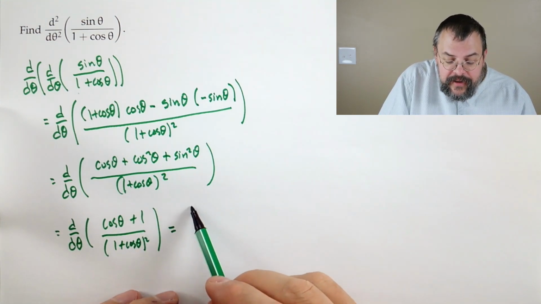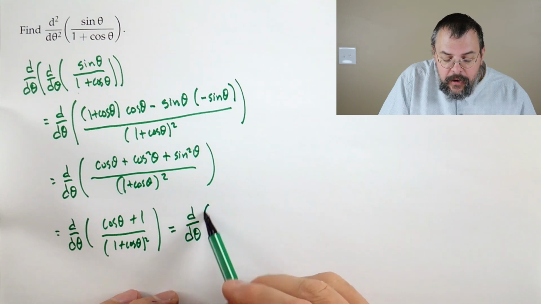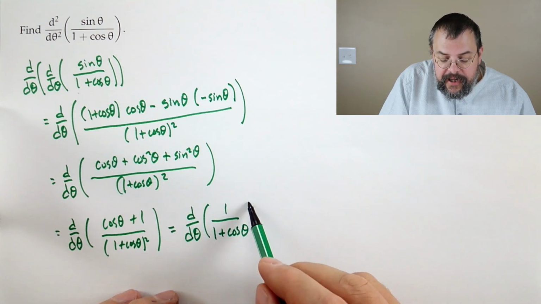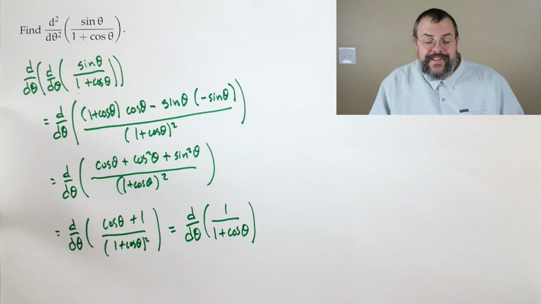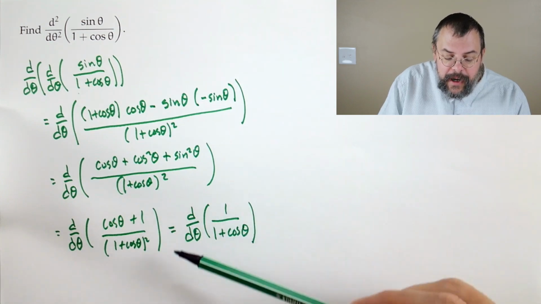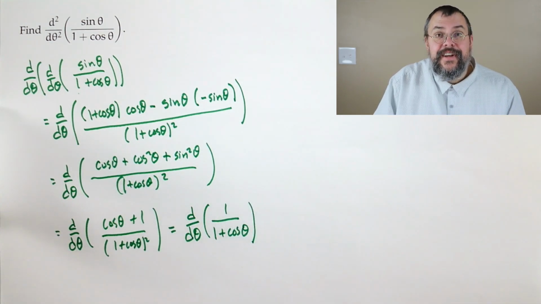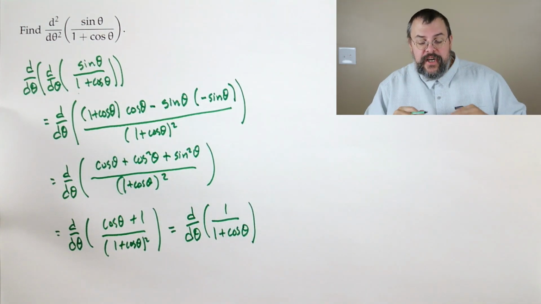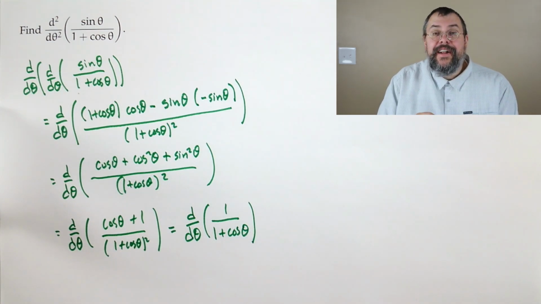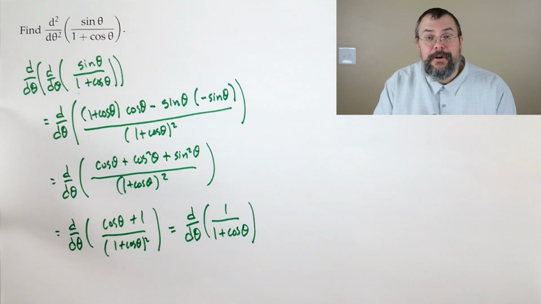So this is the same as 1 over 1 plus cosine theta. Nice. If I had to choose between these two derivatives, I would definitely want to choose taking this derivative because it's a simpler expression. Indeed, look at it. Theta only shows up in one place. That's about as simple as you could possibly hope for.